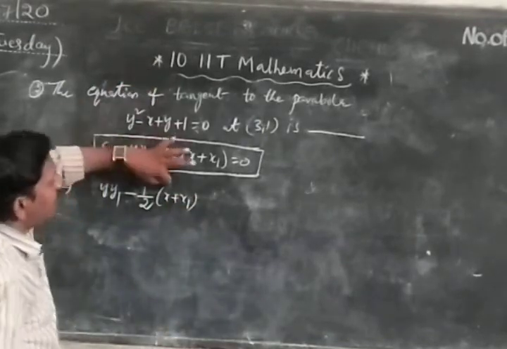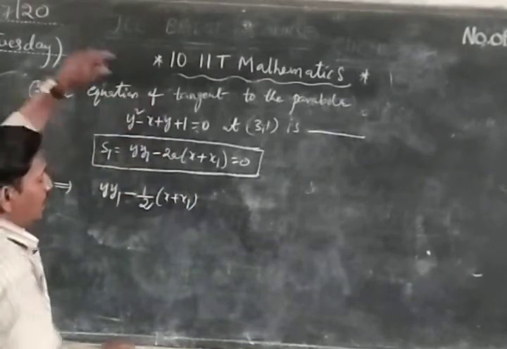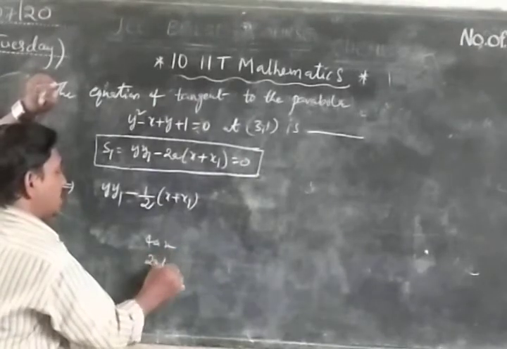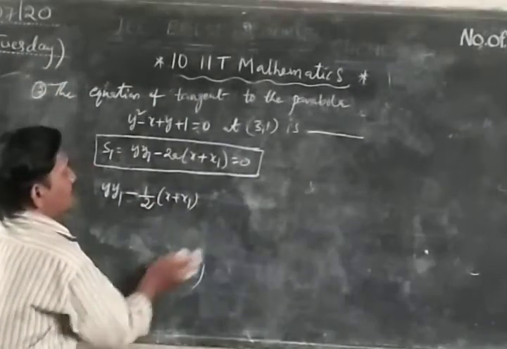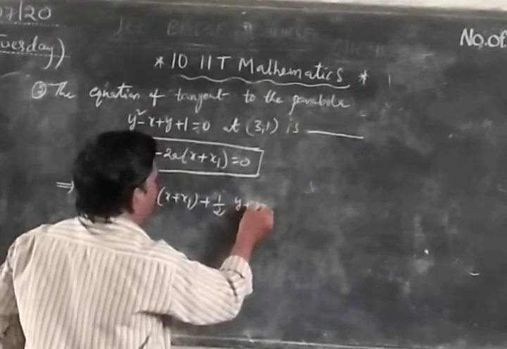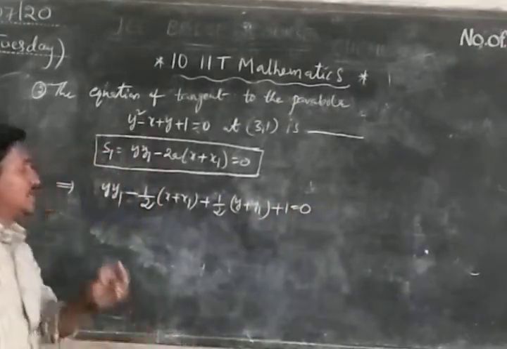X is written as 1 by 2 into x plus x1, like 4ax is written as 2a into x plus x1. So that's why 1 by 2 into x plus x1, plus 1 by 2 into y plus y1, plus 1 equal to 0.